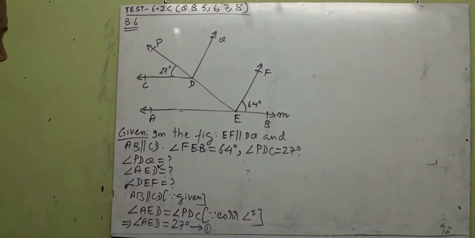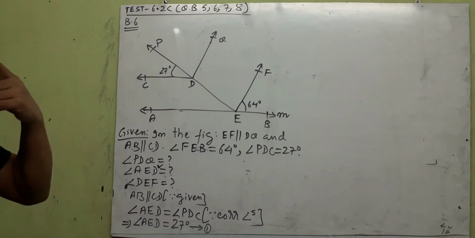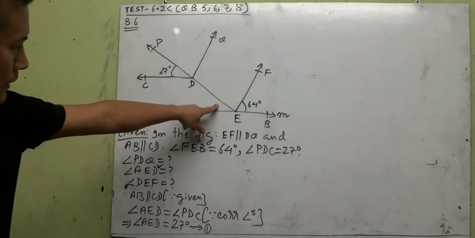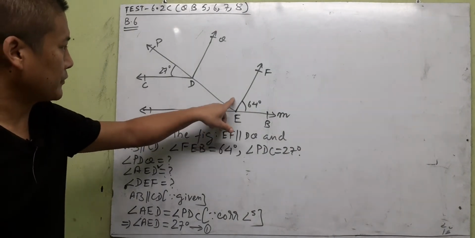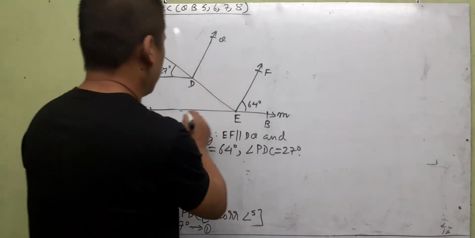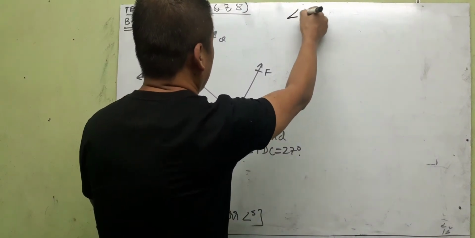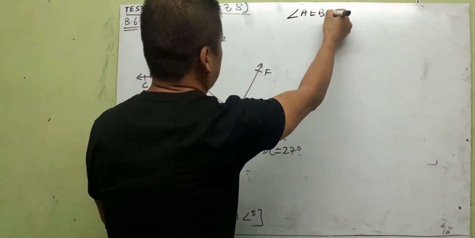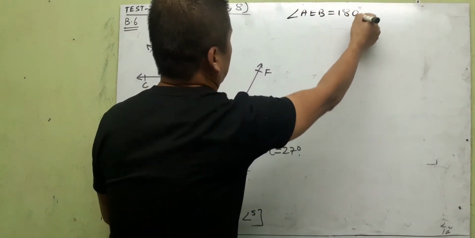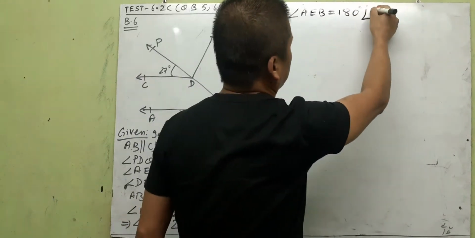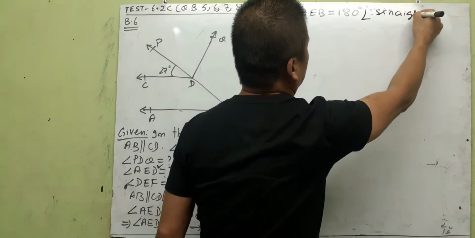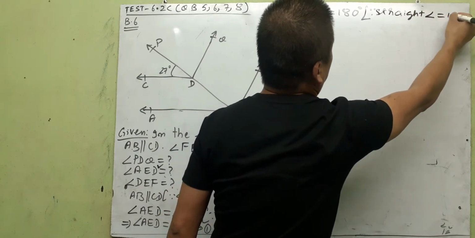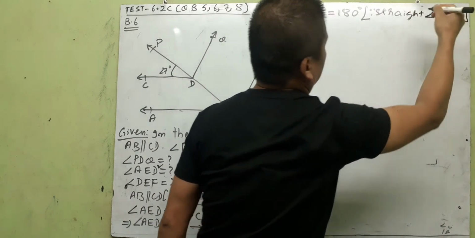How do we do the next? See here. This is done now, this is already there. Let us try to find this one, DEF. For that, let us first take angle AEB, which is a straight line, so 180 degree, because we know that a straight angle is always equal to 180 degree.